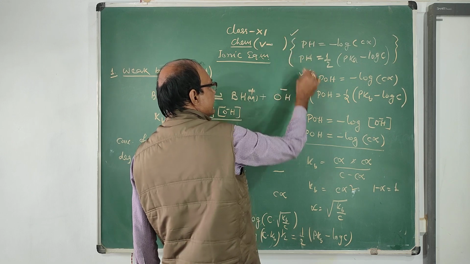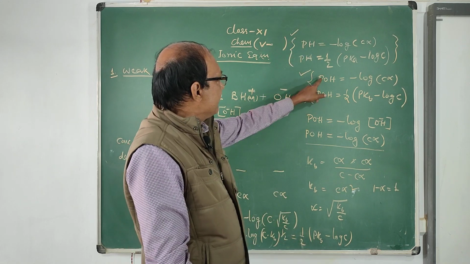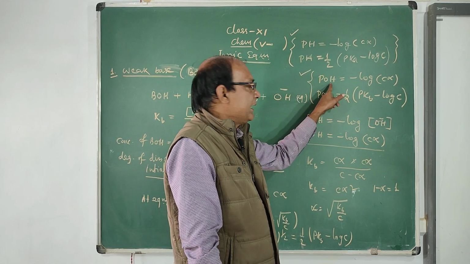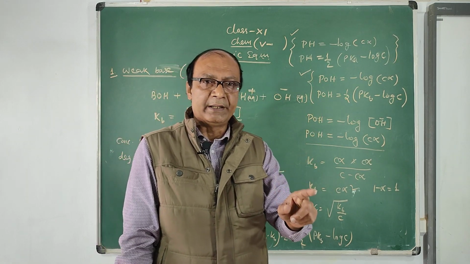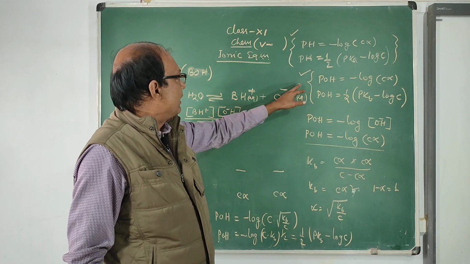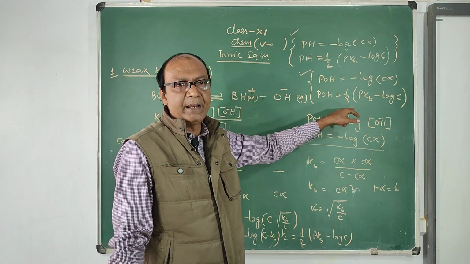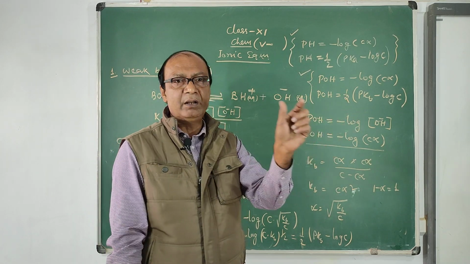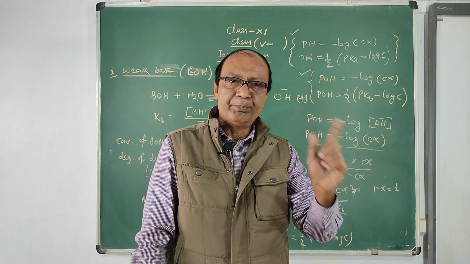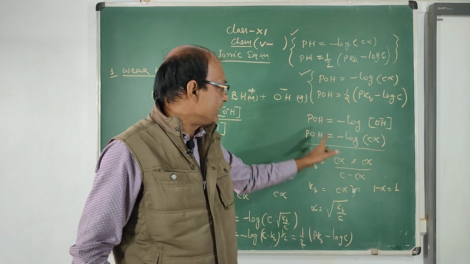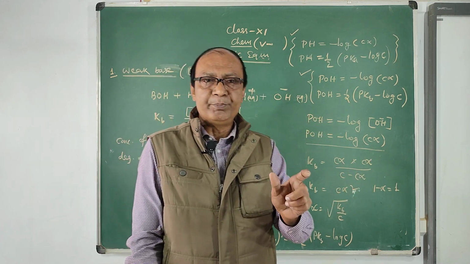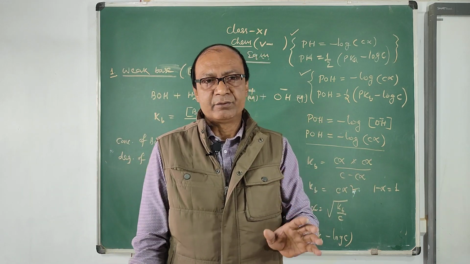This is for weak acid, this is for weak base. How to find their pH? Once you get pOH, you can find out pH, because you know pH plus pOH equals 14. So if we are to find out the pH of weak base, then after finding pOH, you will convert it to pH. Okay? Next class we will start with some problems related to pH of weak acid and weak base. Okay, boys?